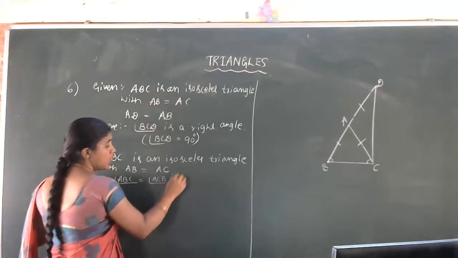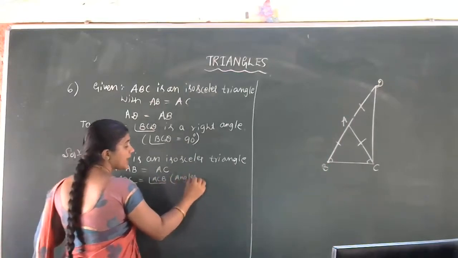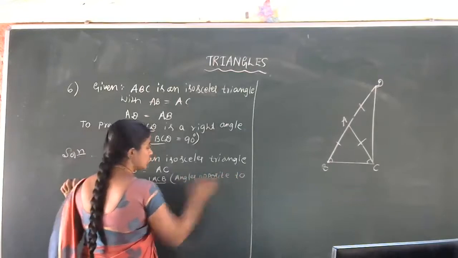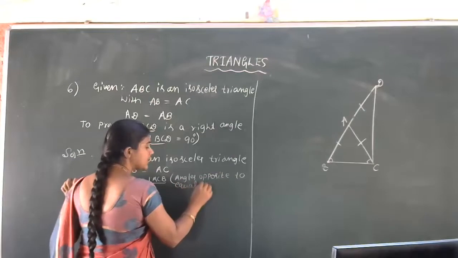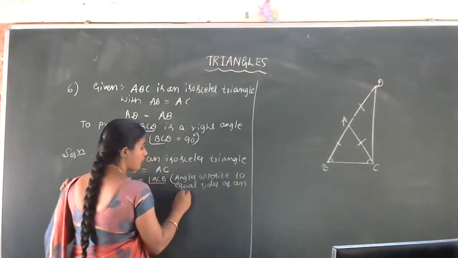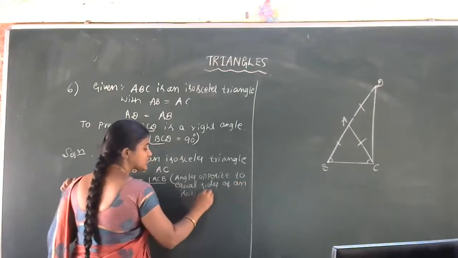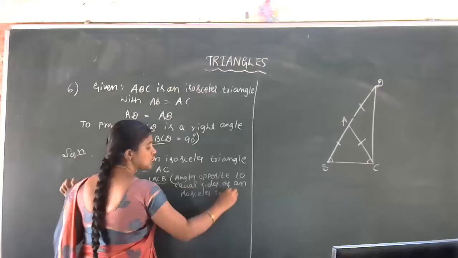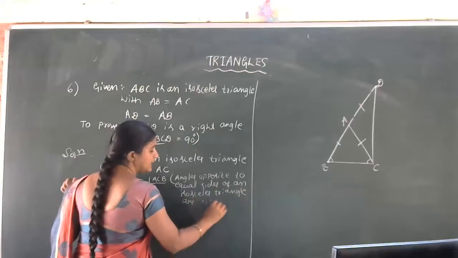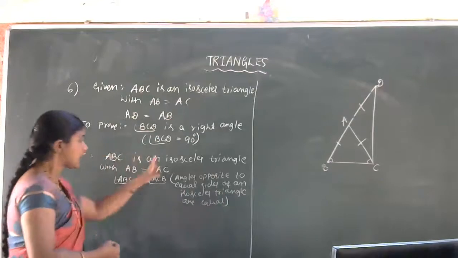What is the next step, students? Angle sum property of which triangle? Triangle DBC, the big triangle DCB. Yes, audible, Abhiram. Video and audio are going on and off. Okay, we'll complete this one.